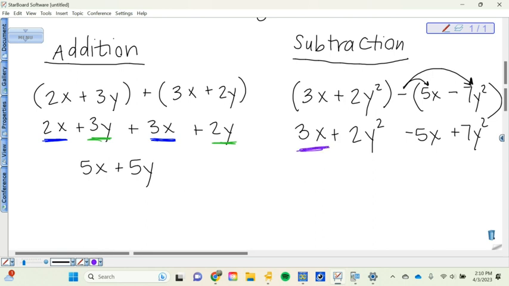What's the like term? 3x and negative 5x. Perfect. 2y squared and 7y squared. What's 3x minus 5x? Negative 2x. 2y squared plus 7y squared? 9y squared. There we go.